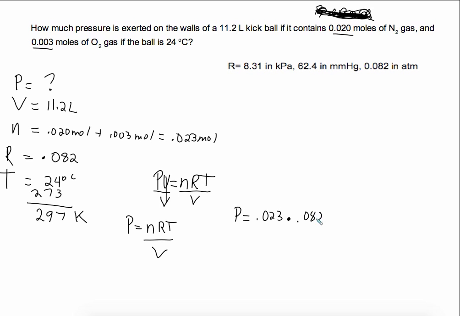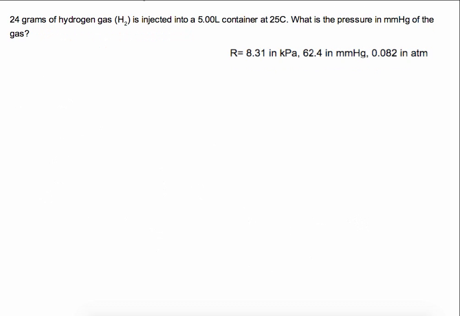So P is equal to 0.023 the moles times our R, which is 0.082, times our T, which is 297, divided by V, which is 11.2. So P, if you take this times this times this, divide by 11.2, I got 0.050, and because you used the atmosphere R, your units will be in atmospheres.